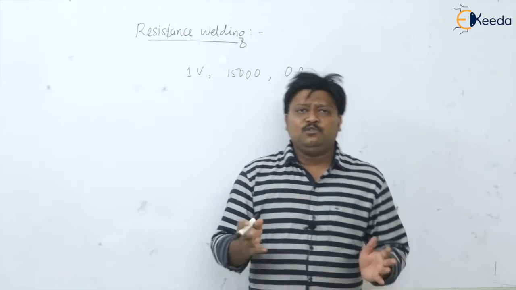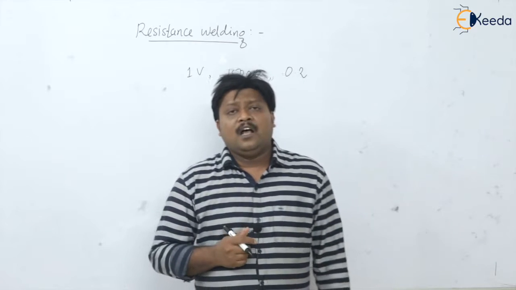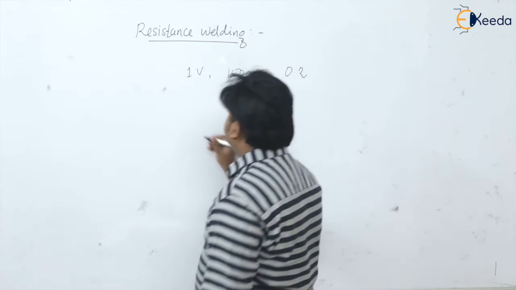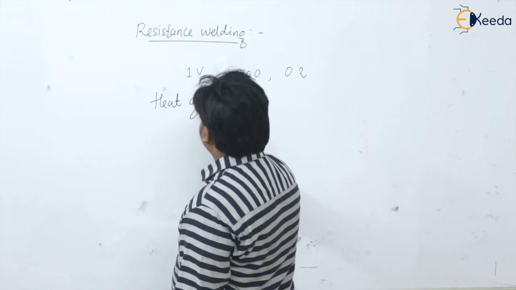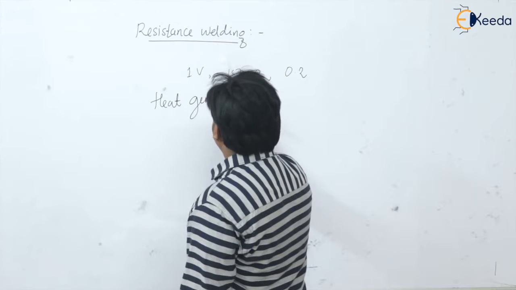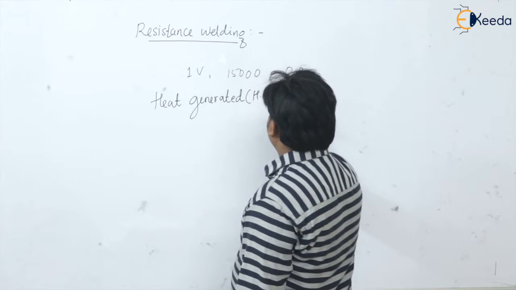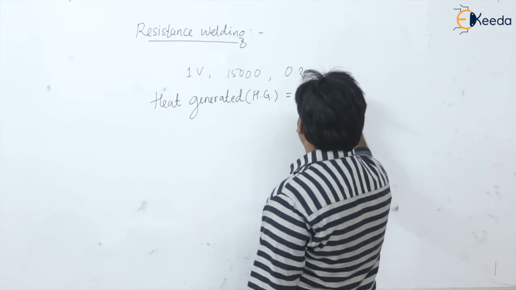According to Joule's law, the heat generated in this joint or welding, I will write Hg, is equal to K times I square R tau.